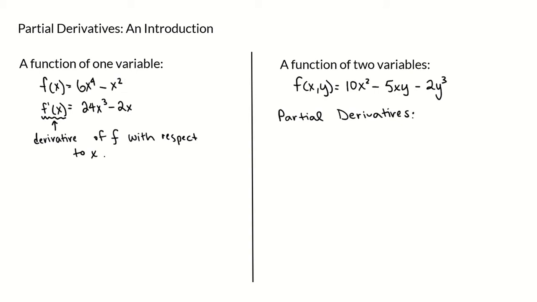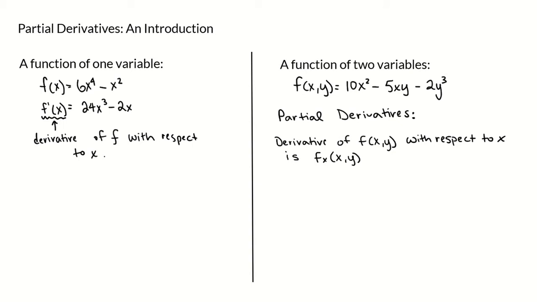Or derivatives with respect to a particular variable. So the derivative of f of x y with respect to x is going to be denoted f sub x of x y.